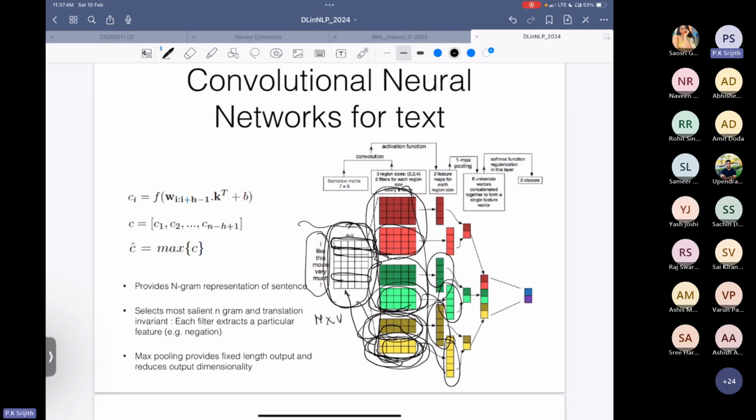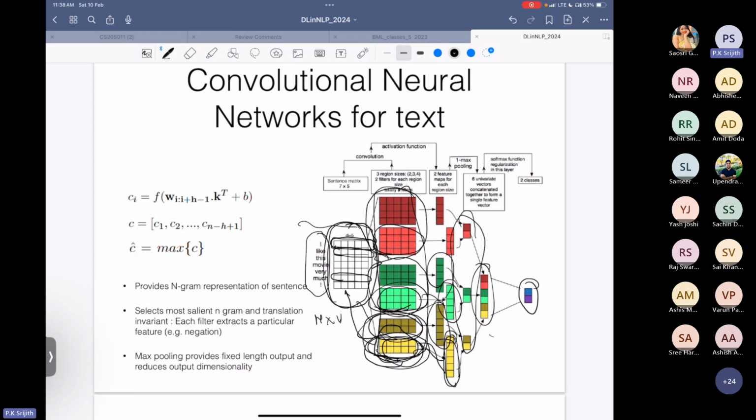Yeah, so each of these filters will extract some features if you are using a stride length of 1. And then as in the standard CNN, you try to extract the most important feature by using this max pooling operation, and concatenate them to get some kind of representation after performing this convolution operation. And then that representation can be passed through a fully connected neural network to finally predict the class label associated with your input sentence.